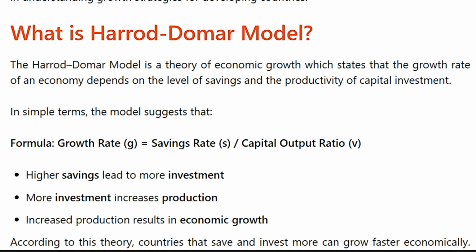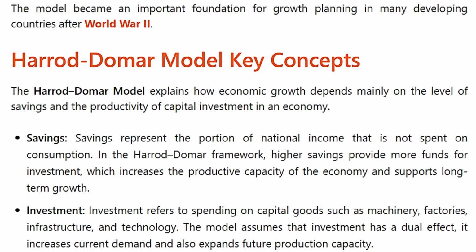More investment increases production. Increased production results in economic growth. According to this theory, countries that save and invest more can grow faster economically. The model became an important foundation for growth planning in many developing countries after World War II.